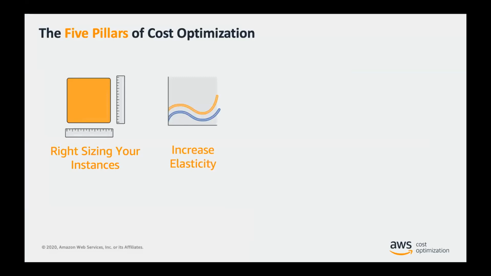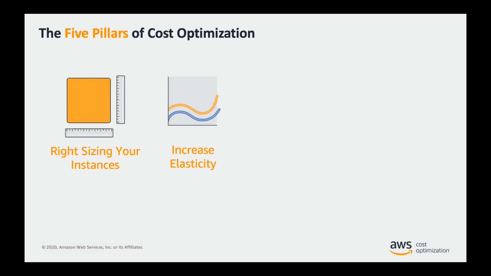Oftentimes when you start working on a new workload, you wouldn't be able to do that in-depth testing that you could get only in a production workload. So when you have the right sizing recommendations that come out of Trusted Advisor or by any analysis that you do, that is one of the ways for you to optimize your costs.